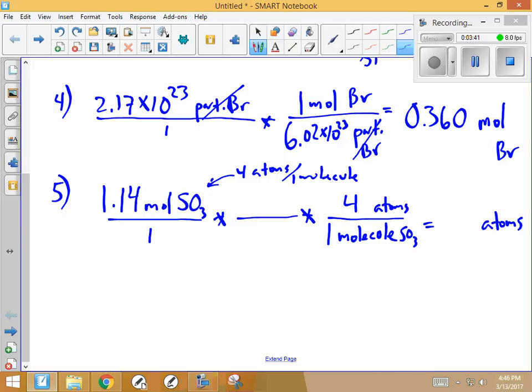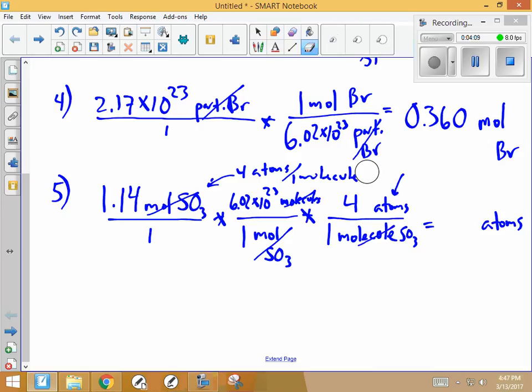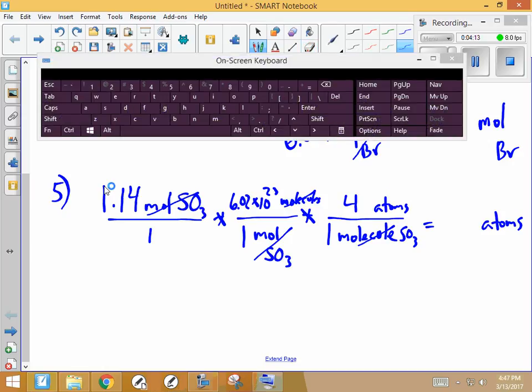Well, in 1 mole of sulfur trioxide, we should have 6.02 times 10 to the 23rd molecules. Sorry about the writing, but I'm trying to squeeze it in. So moles of SO3 cancel, and molecules cancel, and we'll be left with atoms right here.